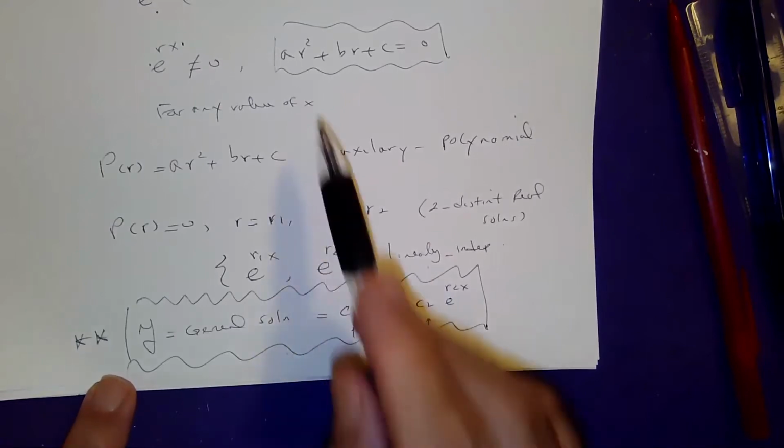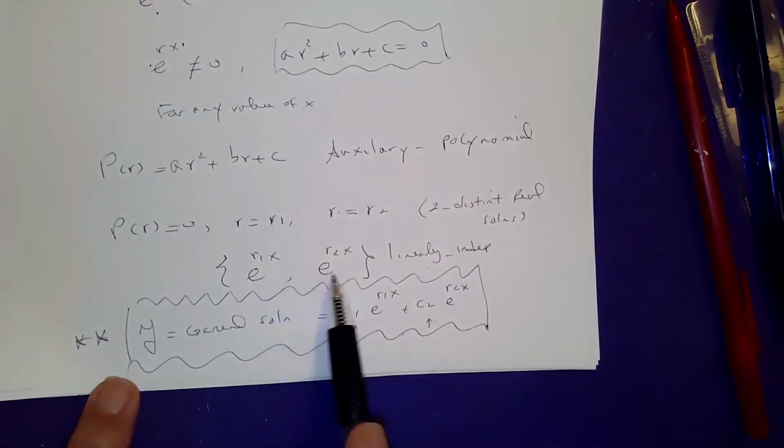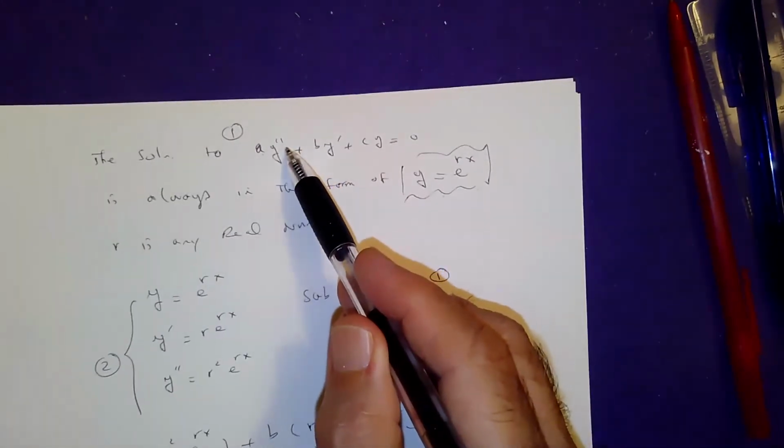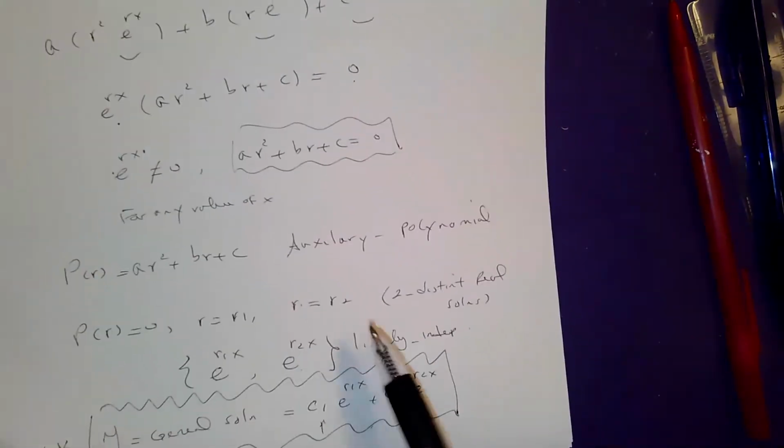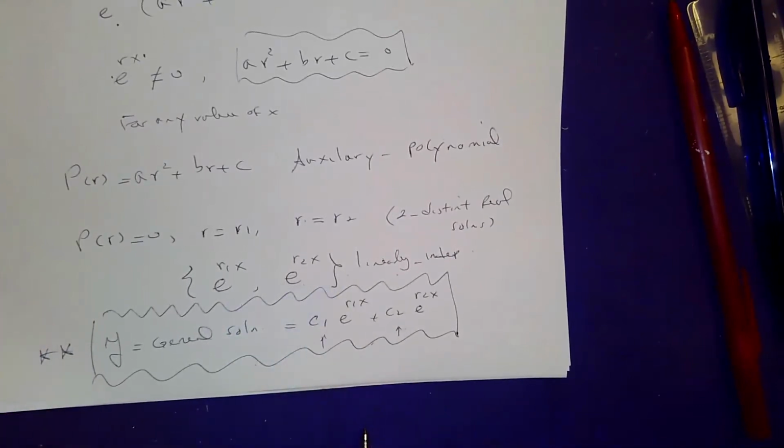Each of these guys satisfies the original equation, and the number of functions you get here should match the order of the differential equation, meaning if the order was 3, then I would have 3 functions. Because the order was 2 in this section, I have 2 functions.